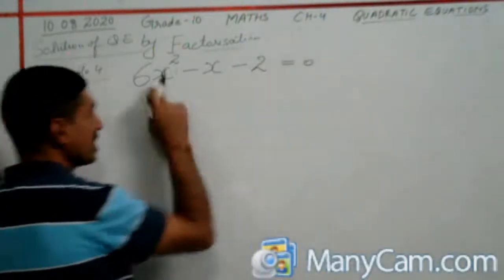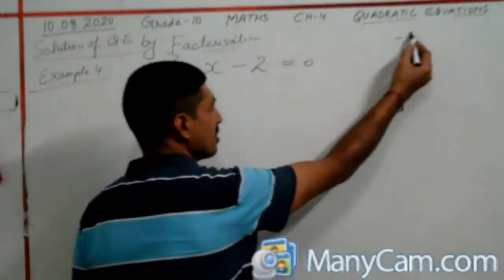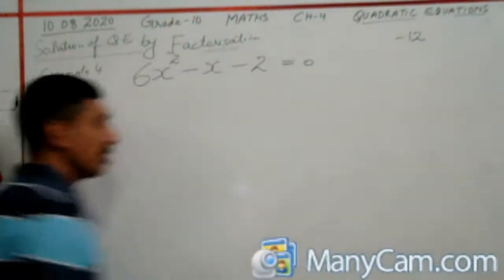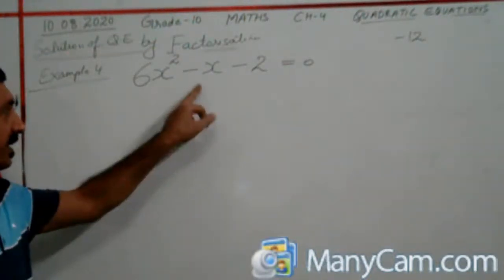Here 6 into minus 2 is minus 12. So A into C is minus 12, and we know the factors of 12 are 3 and 4; one of them should be negative here.